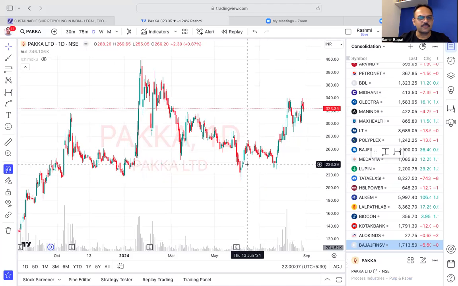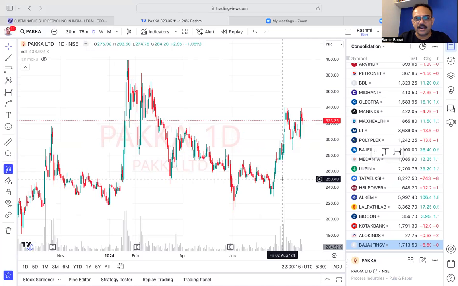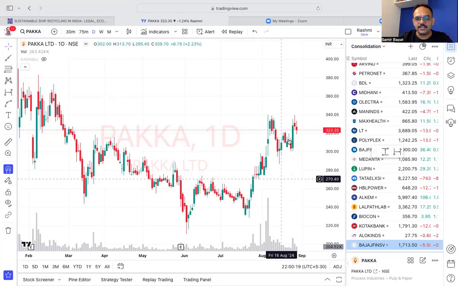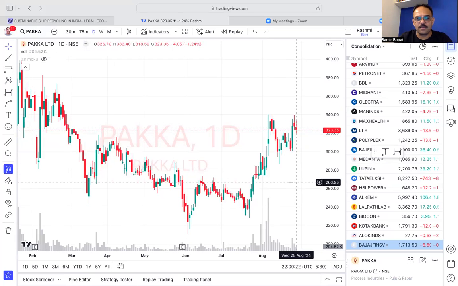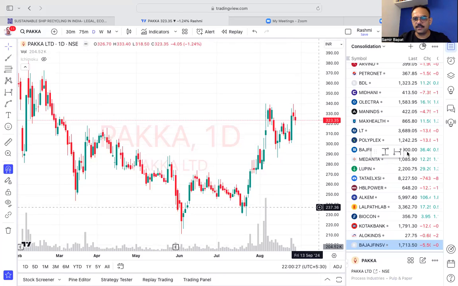Sir, the recyclable like paper and cups and other packing materials they do. Okay, so on daily I don't see a triangle. It's not a triangle. At least it should take 1 month or more. It is not there on this right now. So let's go ahead.